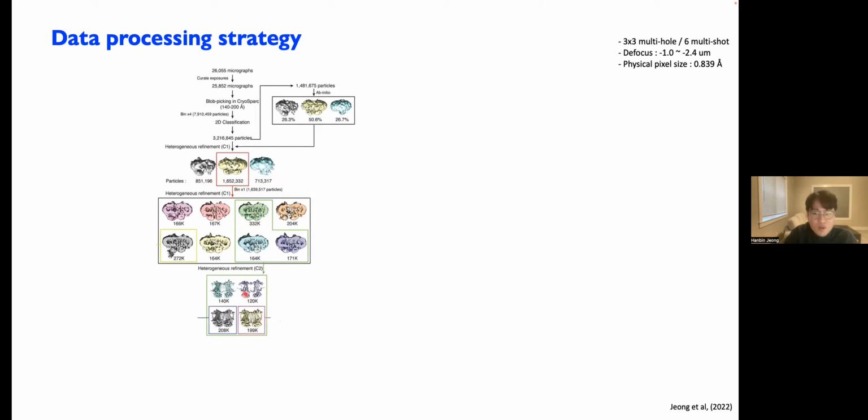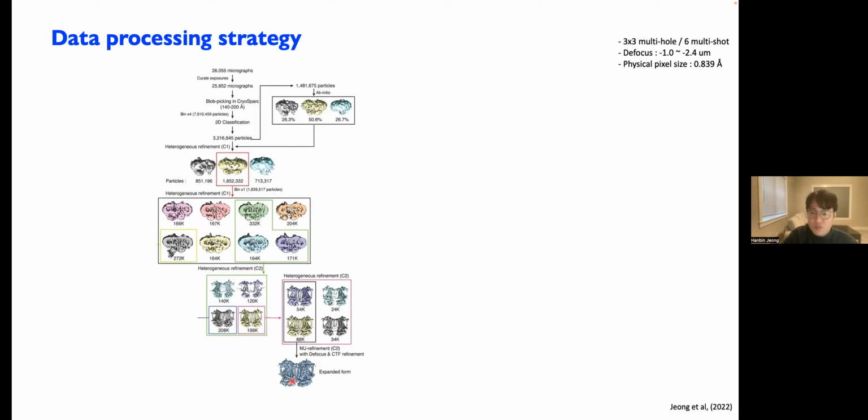And after one round of heterogeneous refinement using C2 symmetry, the 2 classes were distinguished here. And one more round of heterogeneous refinement was performed to sort out homogeneous particles. And finally, non-uniform refinement was performed, including defocus and CTF refinement.